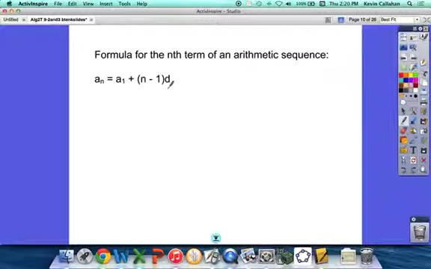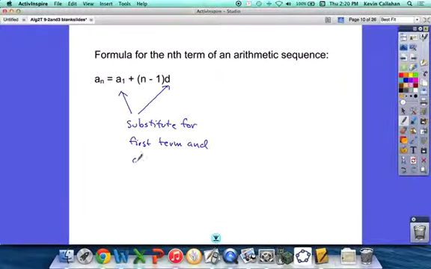So in order to have a formula, you're going to plug in for the a1 and the d. Substitute for first term and common difference.